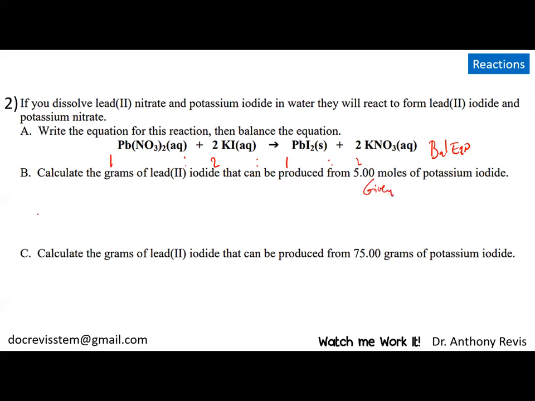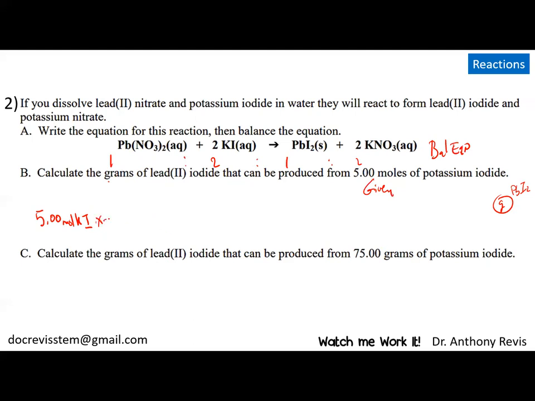I set up to do a dimensional analysis using this as my given, 5.00 mole KI. Keep in mind, I'm looking for grams here, so I'm going to write that out here somewhere so I can keep an eye on it. So grams, and it's grams of what am I looking for? Lead 2 iodide. So it's going to be PbI2. I just want to keep an eye on that somewhere so I don't get lost.